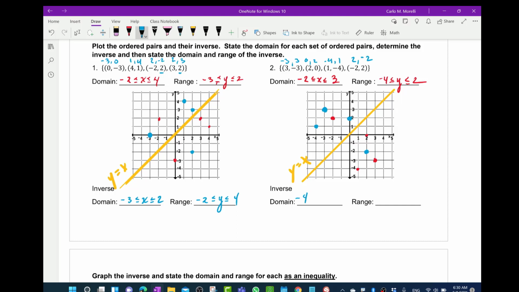So negative 4 less than or equal to x less than or equal to 2. Yep, that matches up there. And then the range should be the domain. That would be negative 2 less than or equal to y less than or equal to 3. Yep, 3. Okay.